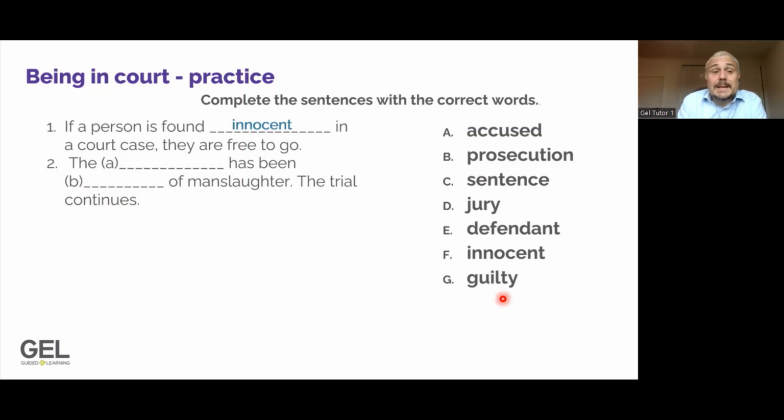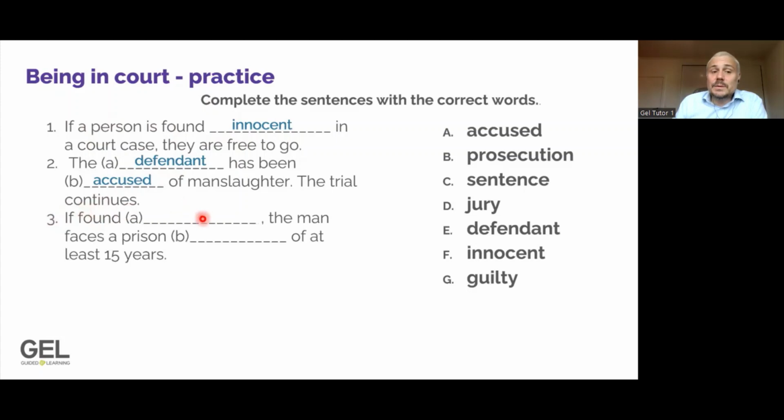The best answer here is the defendant has been accused of manslaughter. Remember, another word for the defendant is the accused. So we could say the accused has been accused of manslaughter. But in English, we don't normally like to use the same word close together twice in a sentence. So the defendant has been accused is much better in this situation.